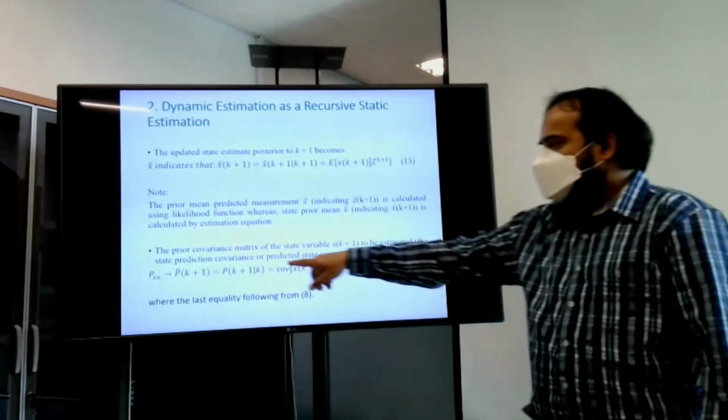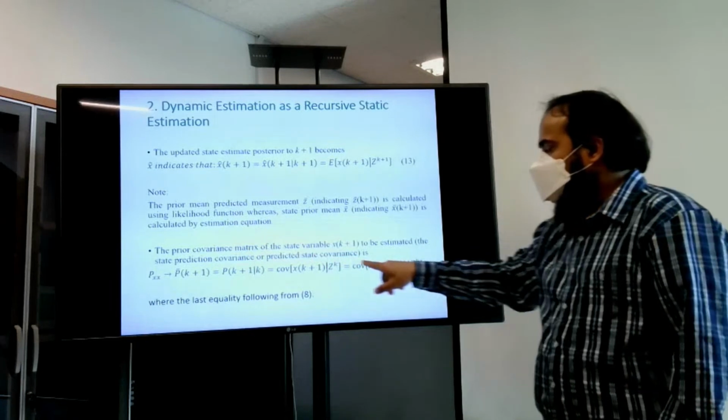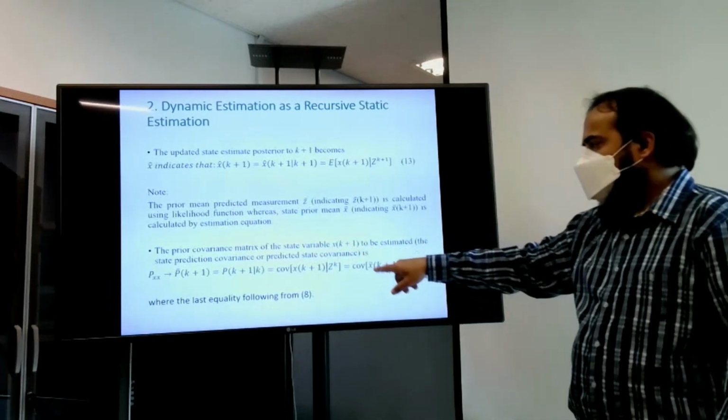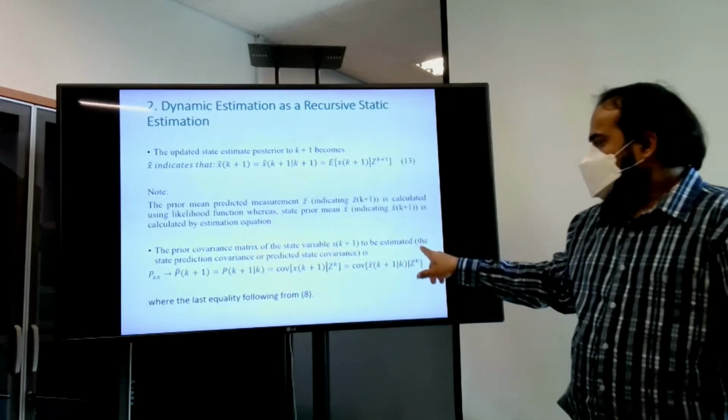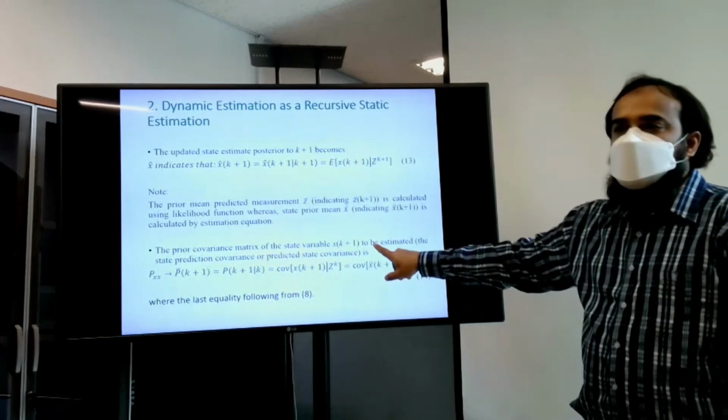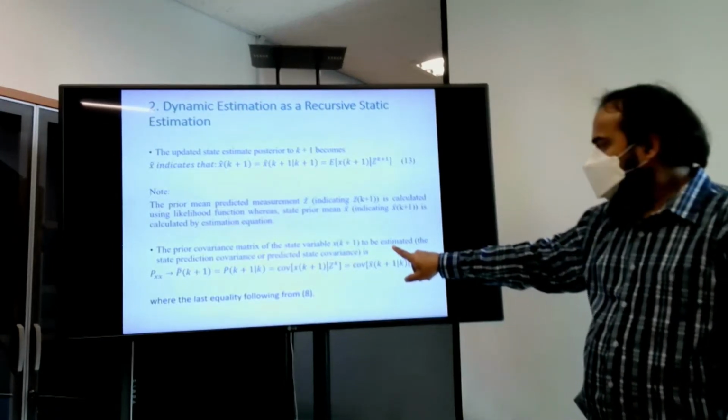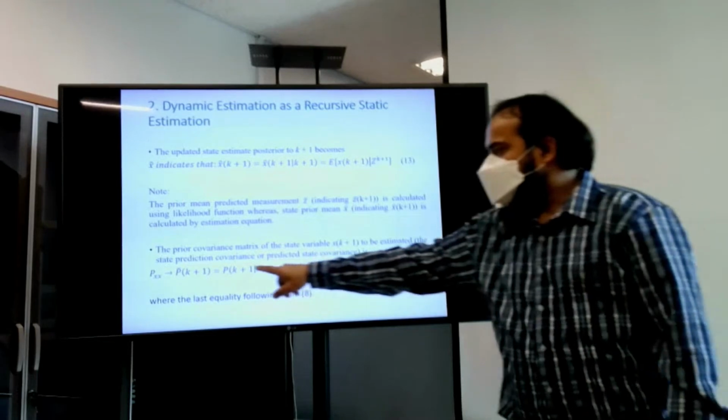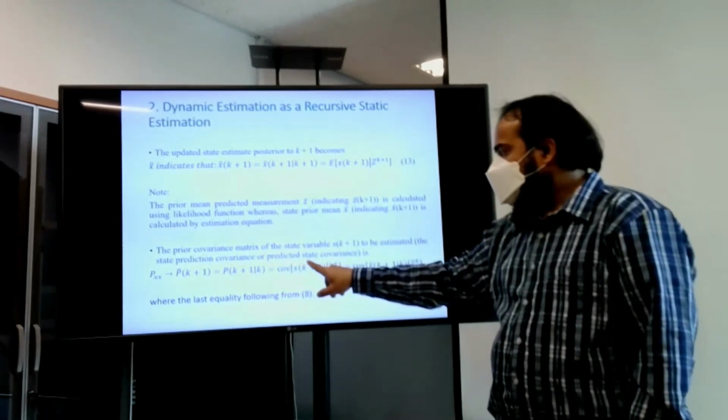And the covariance of the state variable at k plus 1 is to be estimated or filtered using the Kalman filter. The state prediction covariance, or predicted state covariance, is this one.